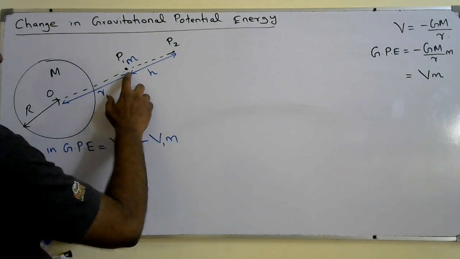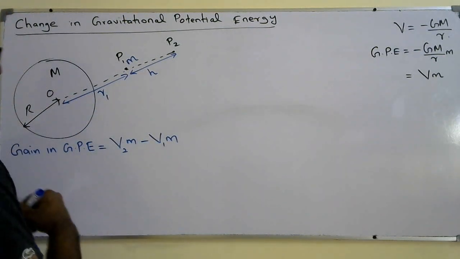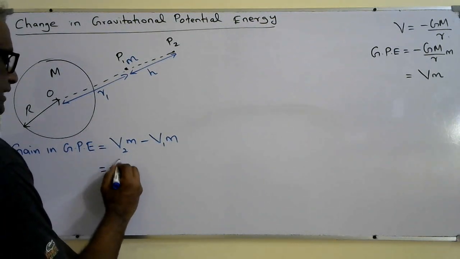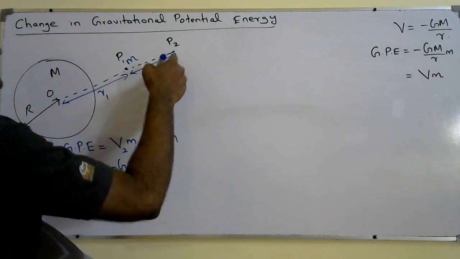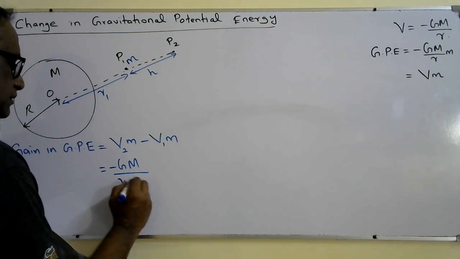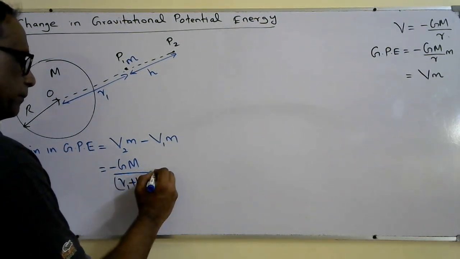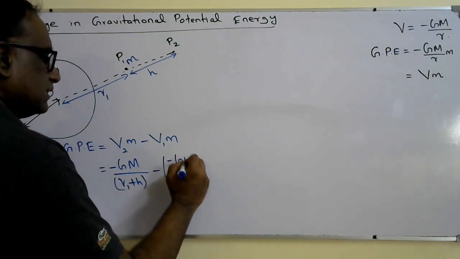So V2 is equal to minus GM over the distance of point P2, which is R1 plus h, into m, minus, again there will be a minus, minus GM over R1 into m.